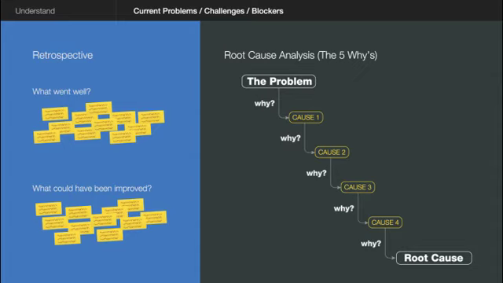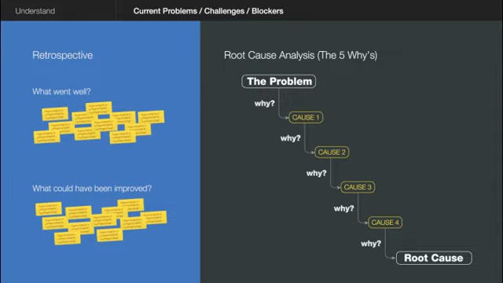And then why do we have that? And you can have multiple lines on the same tree. By doing this, we come up with the root cause of the problems that have been identified. This is very important because the solution must address the root cause. If it only addresses the symptoms, then you may be just putting a band-aid rather than a permanent solution.